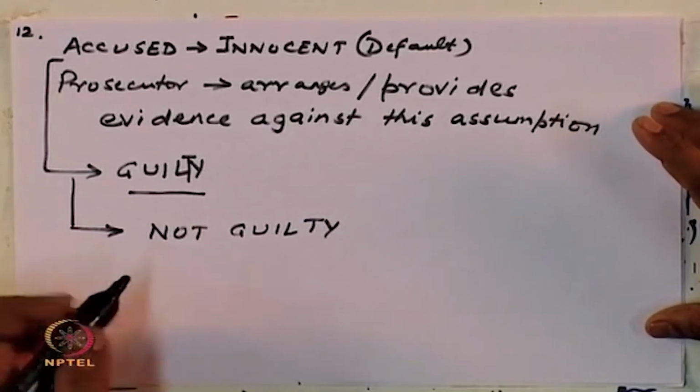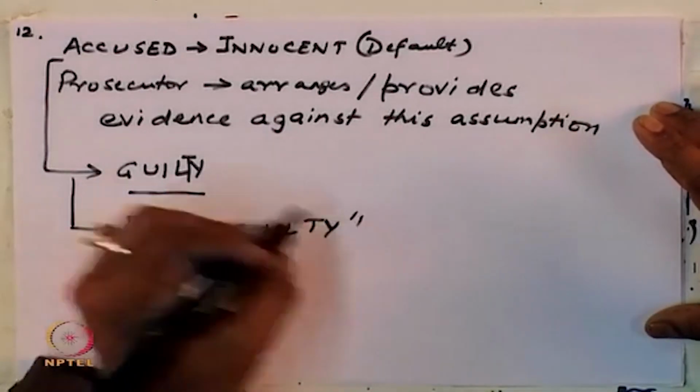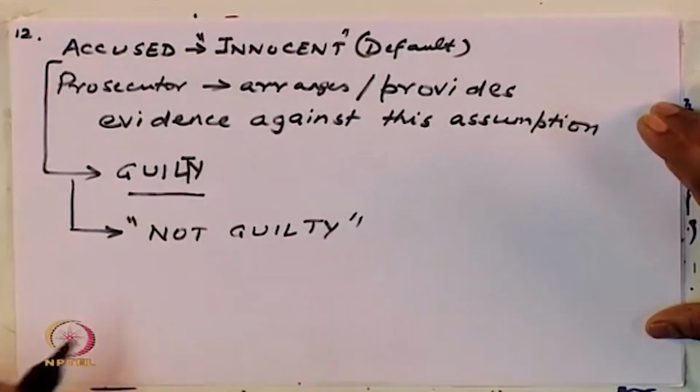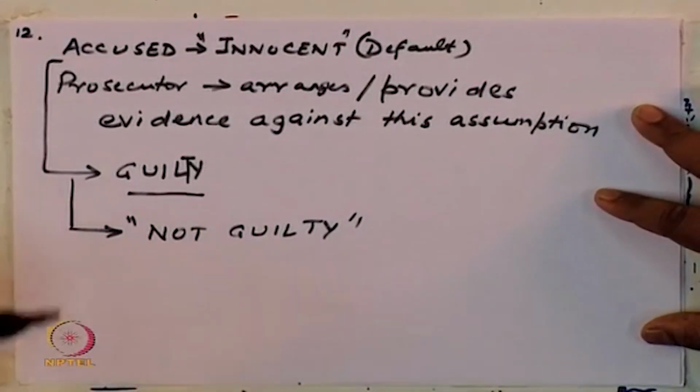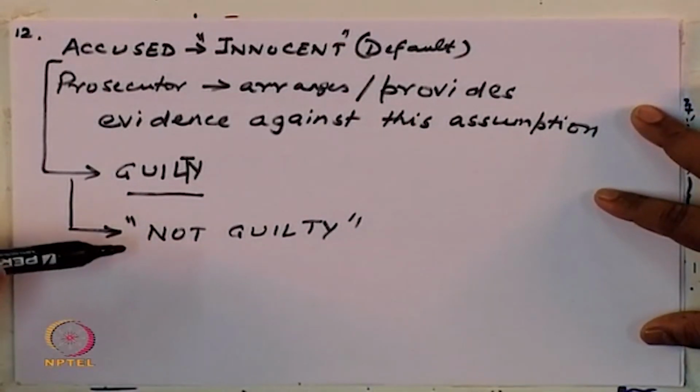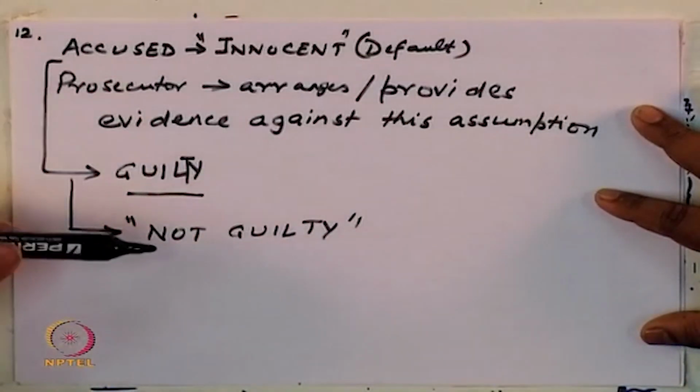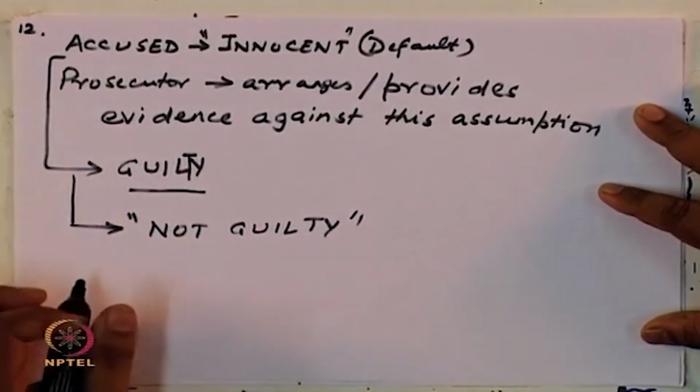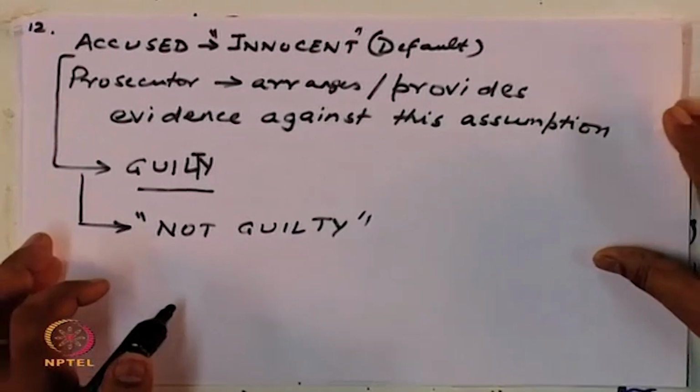So, note the difference: not guilty and innocent are not the same. It just says that there was not sufficient evidence to label this person as guilty. So, how do we go about doing a testing of hypothesis?